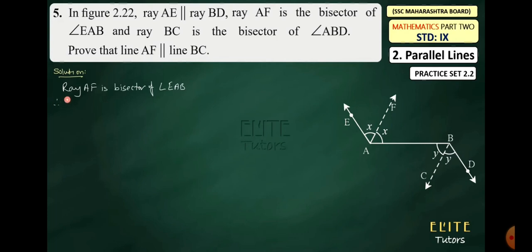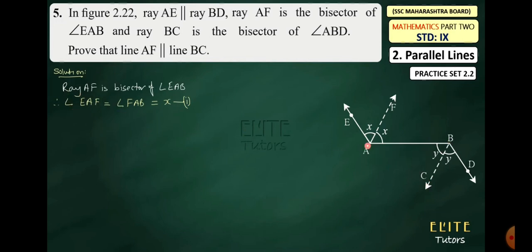So we will write angle EAF is equal to angle FAB, and the value of these two angles is given as X and X, so we will write equals X. We can say this is 1.